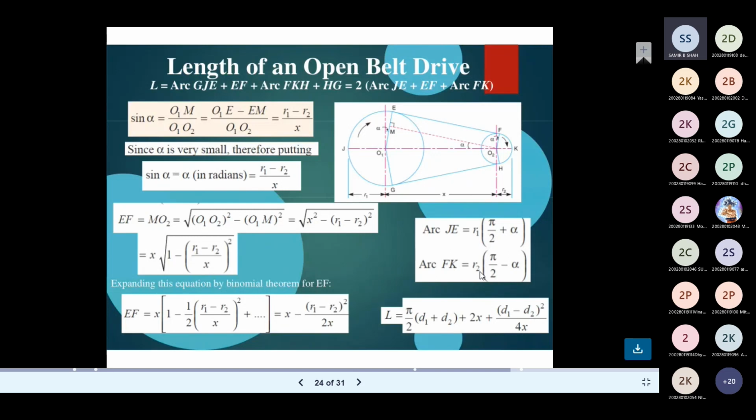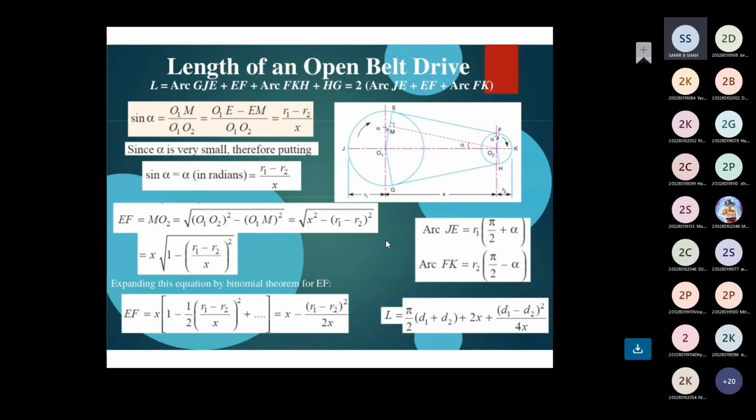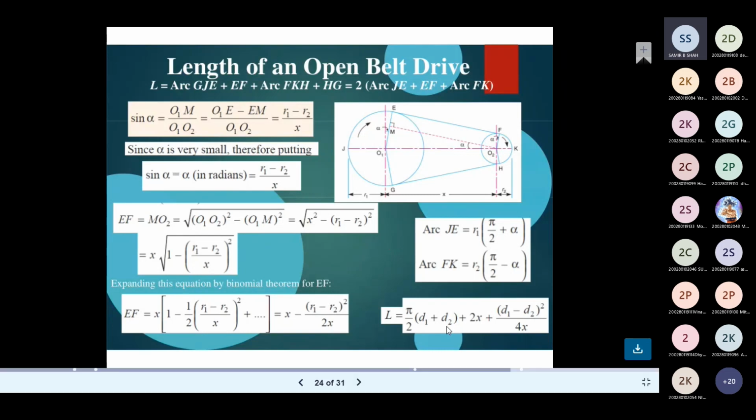If we reduce the equation and the steps, the 2 is multiplied in all the equations of arc JE, FK, and EF. At the end, we get this kind of equation. Right now, I am providing this equation in terms of diameter.